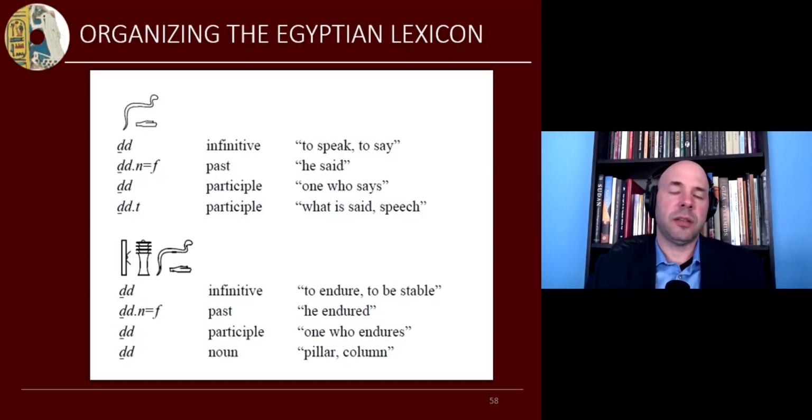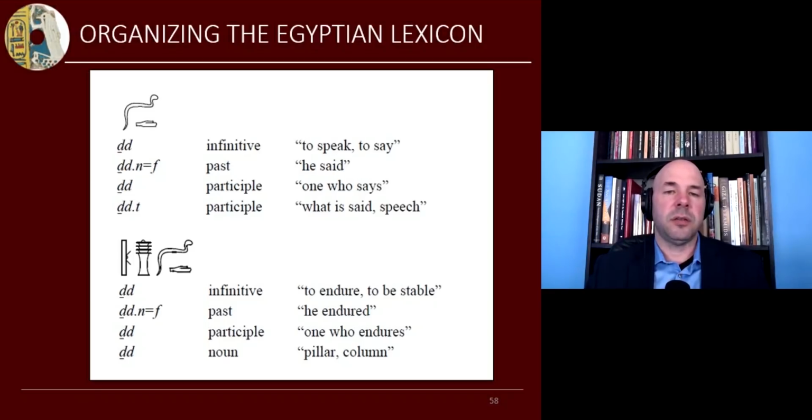So the root that's written at the top, notice it's just the two hieroglyphic signs. Jed means to say or to speak. The root at the bottom, where you see the two hieroglyphic signs followed by the jed pillar determinative or biliteral sign, and then the book roll determinative, this means to endure or to be stable.